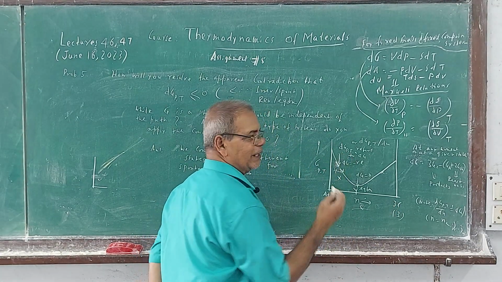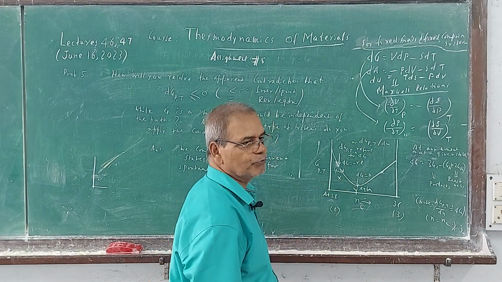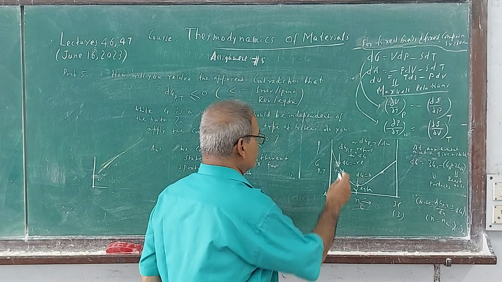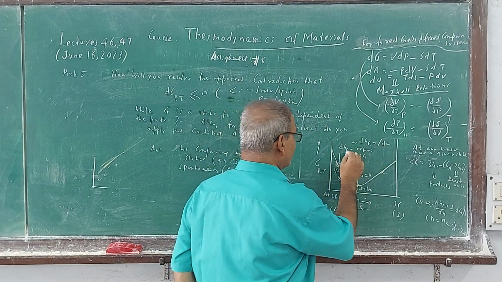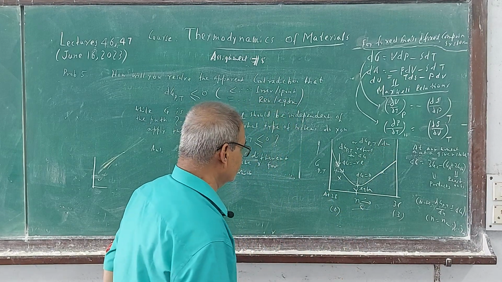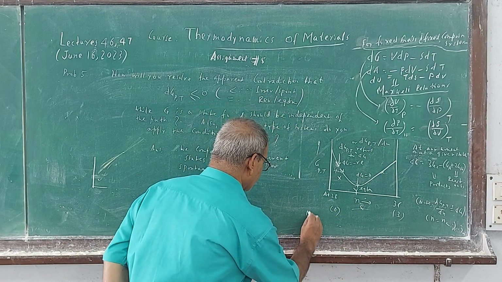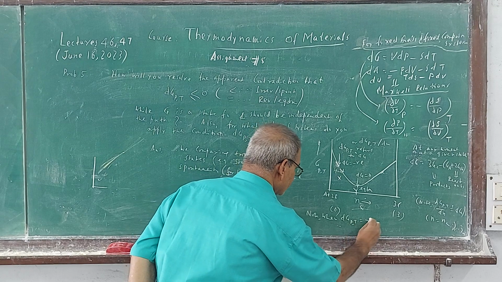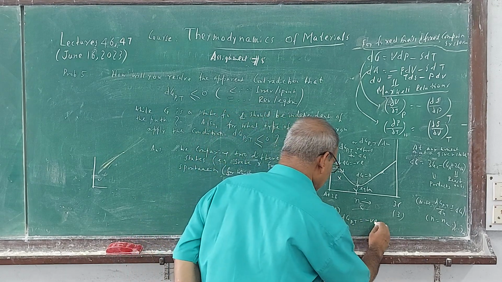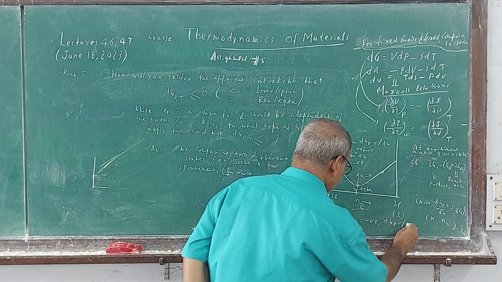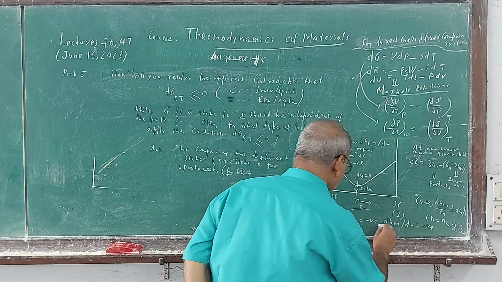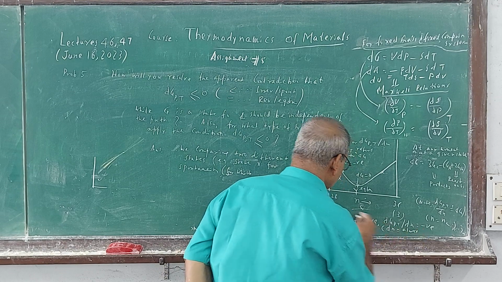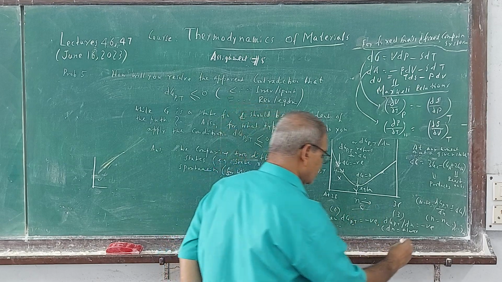DGPT is the change, and DN means the slope. Slope can be any value, finite, large, or small. So when DGPT is negative, the condition of spontaneity, DGPT by DN is negative. DN is always positive. Why positive? It is the number of moles of C, going 0 to 3, always positive.